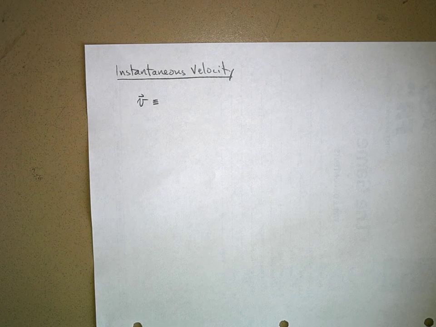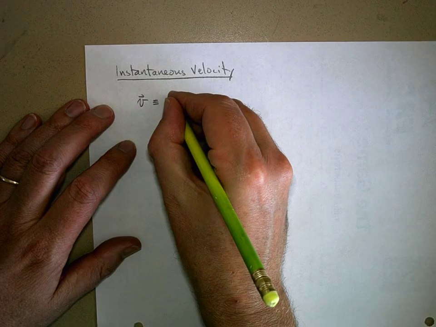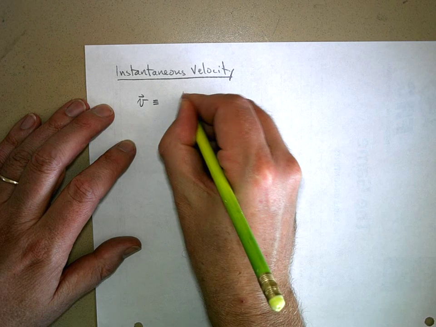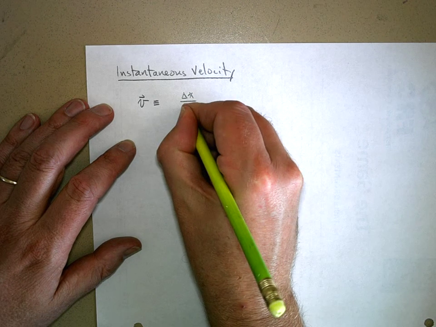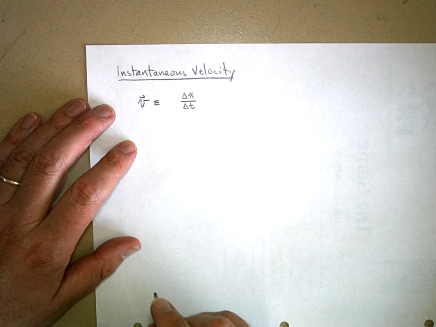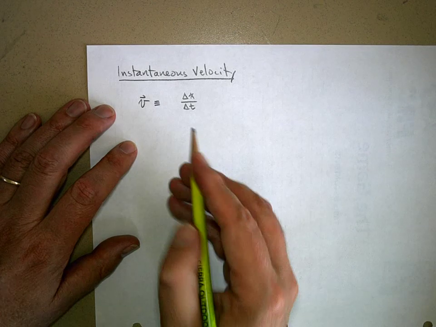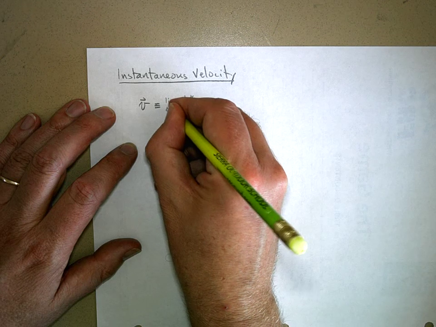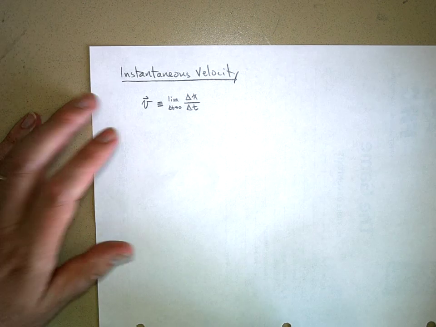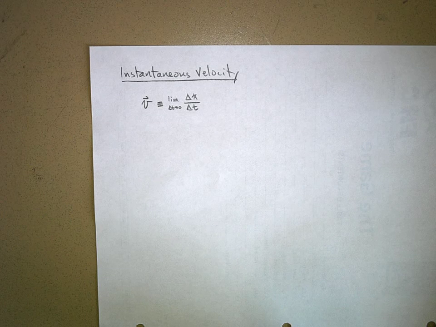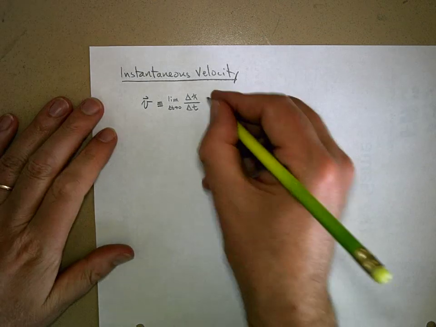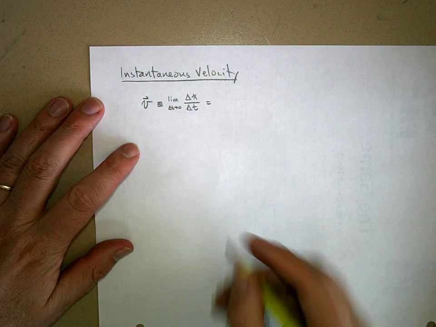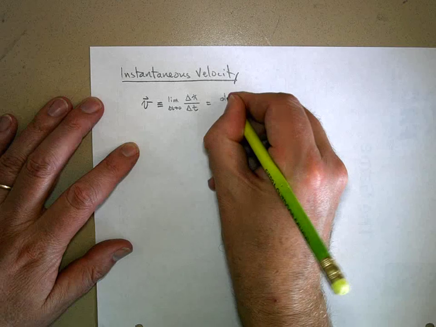It's delta x over delta t. But what am I going to do with delta t? I'm going to take the limit as delta t goes to 0. And this is also called dx/dt.